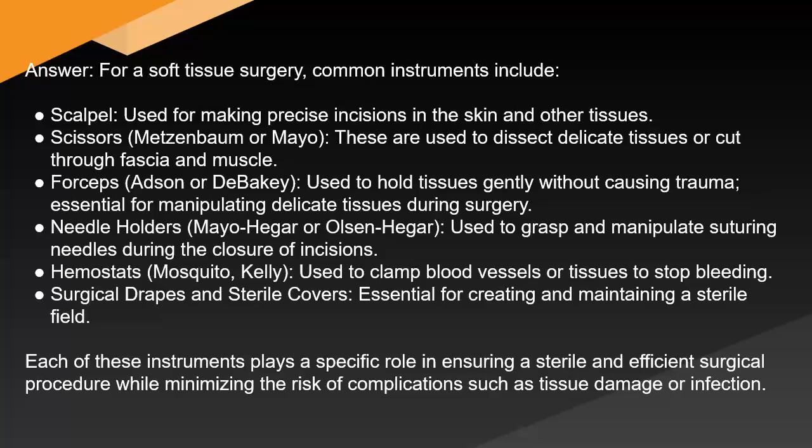Needle holders, Mayo-Hegar or Olsen-Hegar, used to grasp and manipulate suturing needles during the closure of incisions. Hemostats, Mosquito, Kelly, used to clamp blood vessels or tissues to stop bleeding. Surgical drapes and sterile covers, essential for creating and maintaining a sterile field. Each of these instruments plays a specific role in ensuring a sterile and efficient surgical procedure while minimizing the risk of complications such as tissue damage or infection.